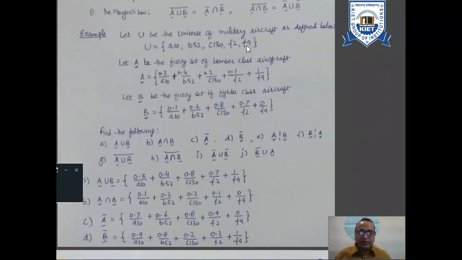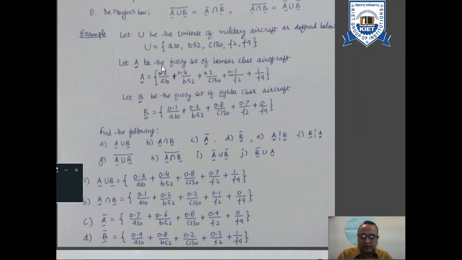Say, for example, in our air force there are 5 different varieties of aircraft available, right? So here I make the universe of discourse, which contains all the different types of elements. These are the 5 elements which we see are available with the air force. There are 5 different varieties of aircraft.